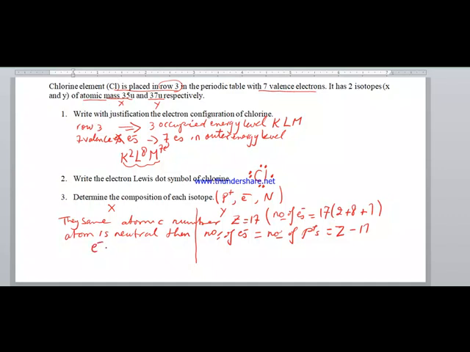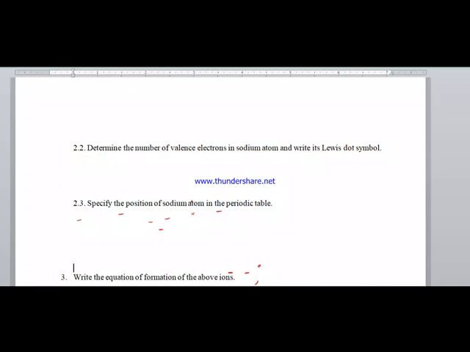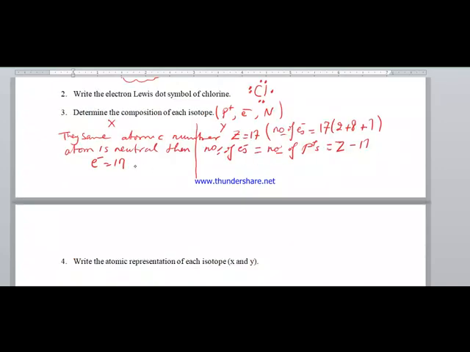Then the number of electrons is 17 in each isotope, 17 in X and Y.